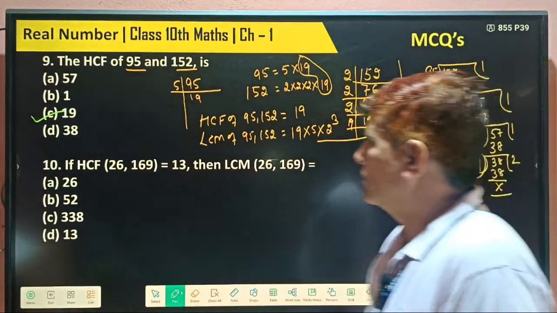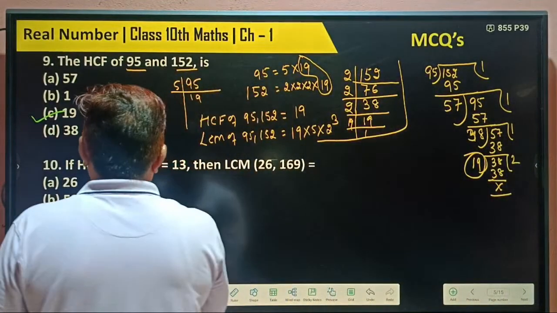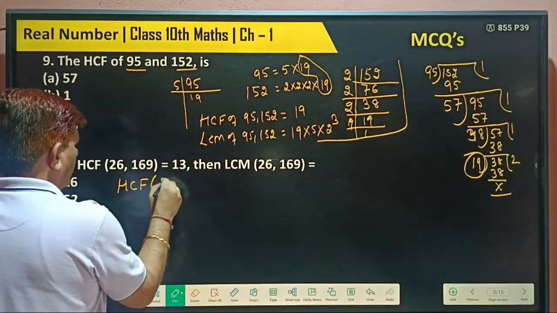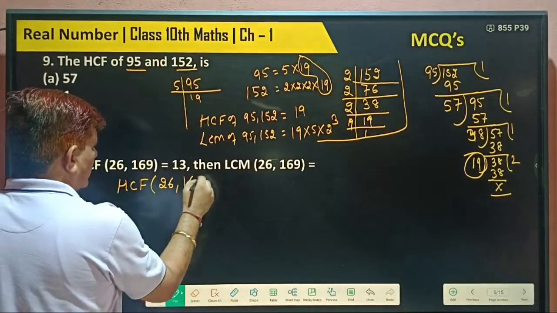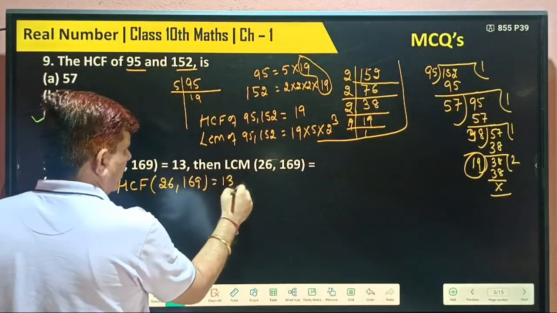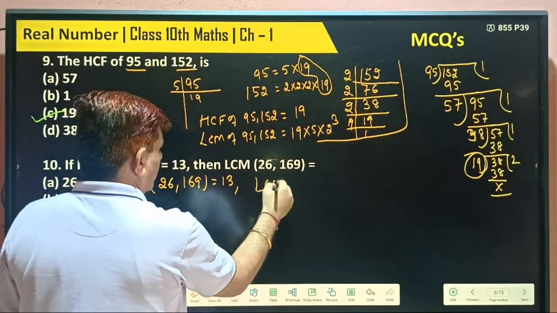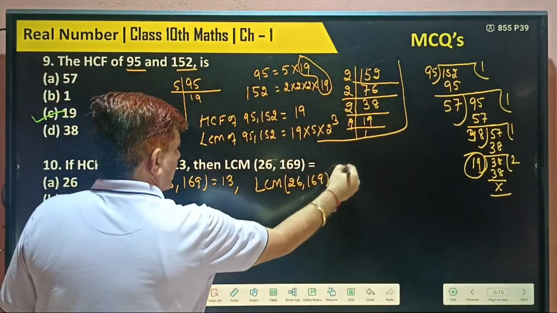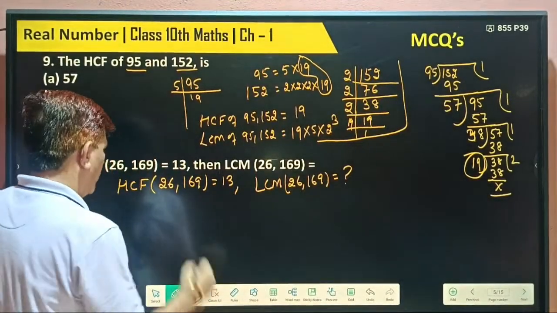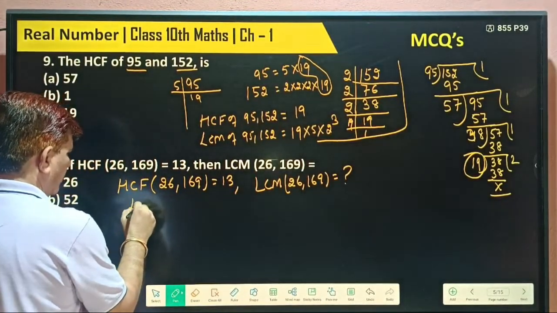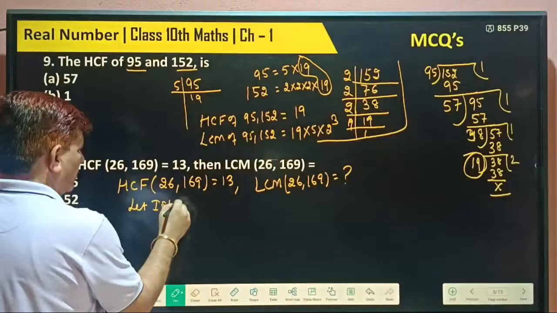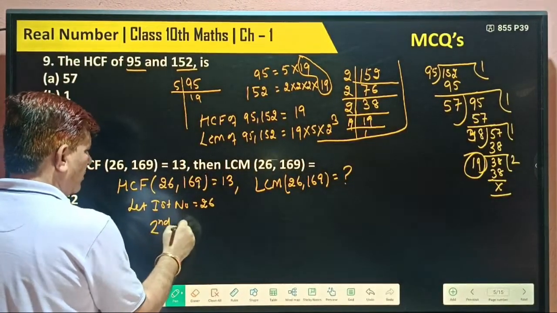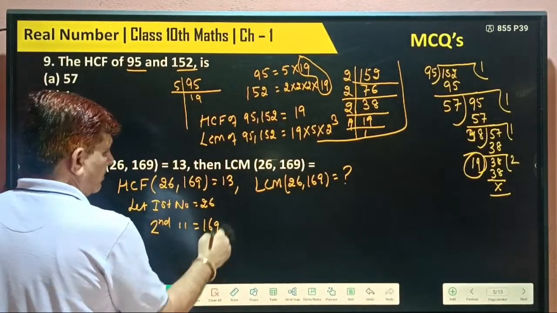So the next one, I already told you, the HCF of 26 and 169 is equal to 13. What's their LCM? 26 and 169. We know, let the first number be 26 and the second number 169.